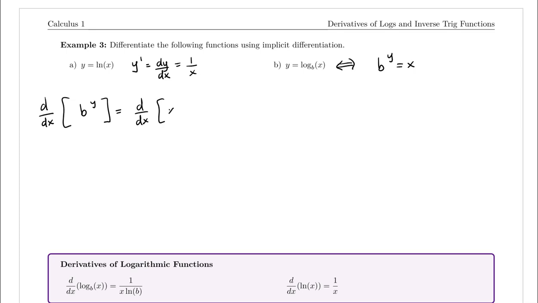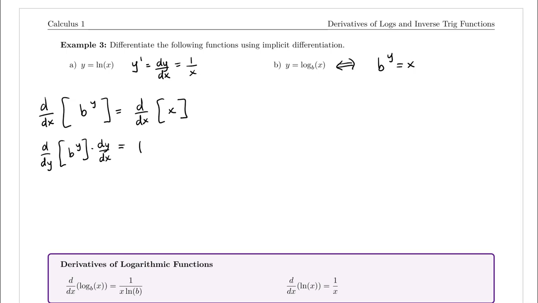Once again, the right-hand side is going to equal 1. And then on the left-hand side, I am going to take the derivative with respect to y of b to the power of y and multiply that by dy dx.